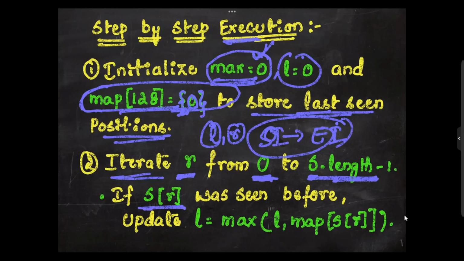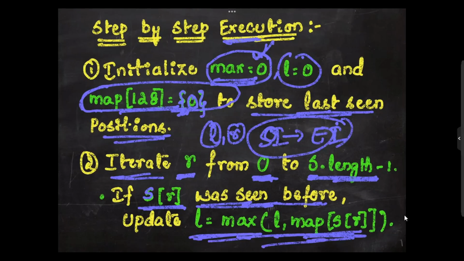Simple. If s of r was seen before, meaning the character was seen before, then we will update L equals max of L comma map of s of r.